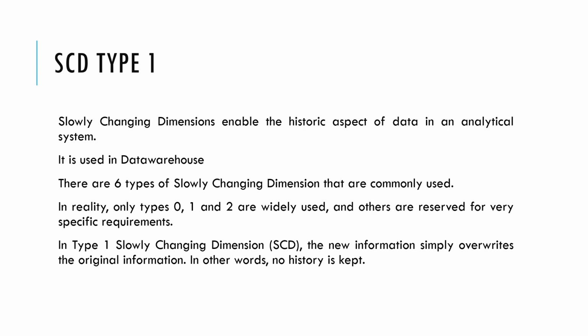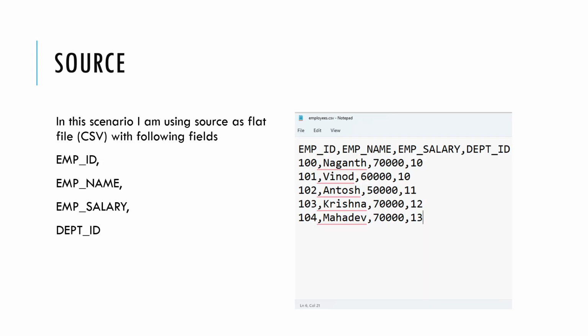In type 1, the new information simply overwrites the original information. In other words, no history is kept. Here in this mapping, I am using a flat file as a source, which has the 4 fields: employment ID, employment name, salary and department ID.